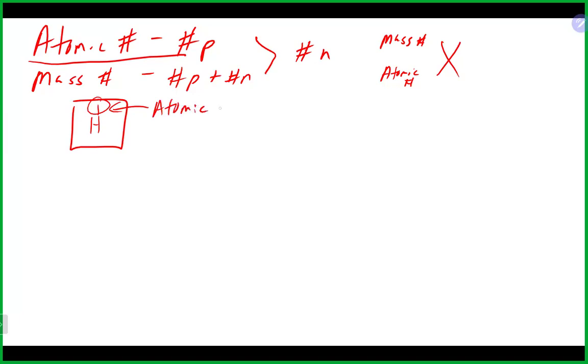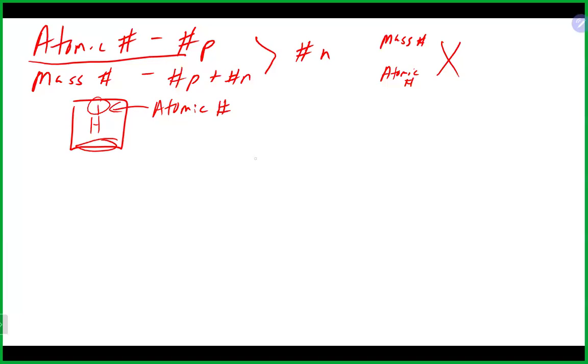Again, a reminder that the bottom number on the periodic table is not the mass number, it is the atomic mass. So do not use that as the mass number. The atomic number, mass number, protons, electrons, and neutrons should all be positive whole numbers, and you should have a way to calculate all that. Once again, the bottom number on the periodic table is not the mass number.